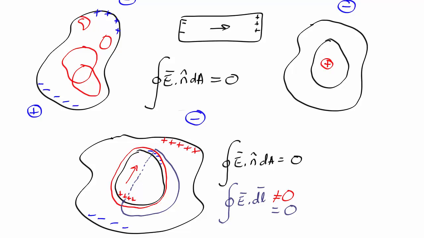Well, once again, pick our Gaussian surface. Let's pick a Gaussian surface just outside the hole again. So once again, the surface integral around there is 0, which means there can be no net charge in there. But we know there's a positive charge in there. How can there be no net charge?